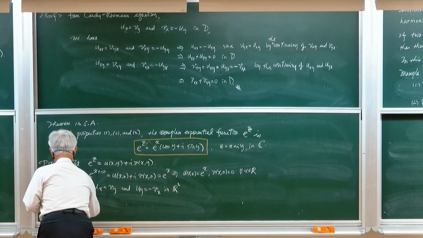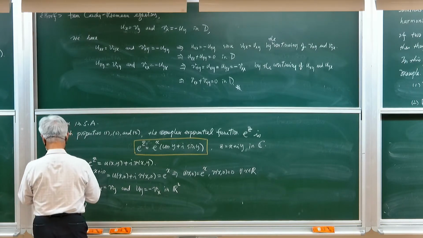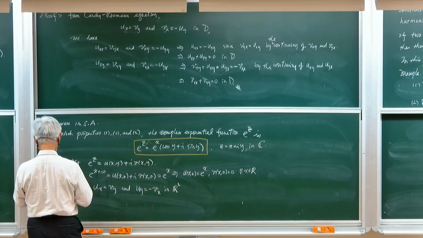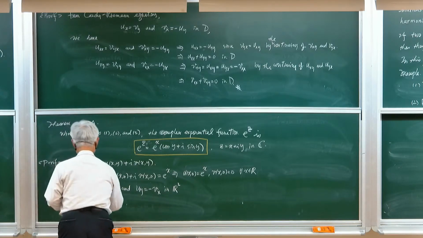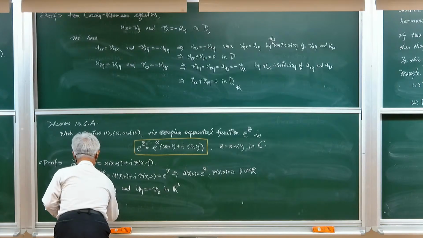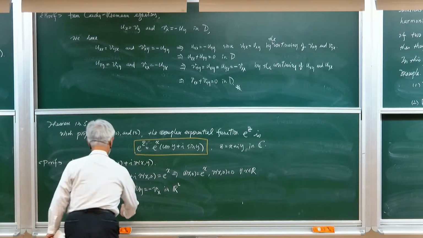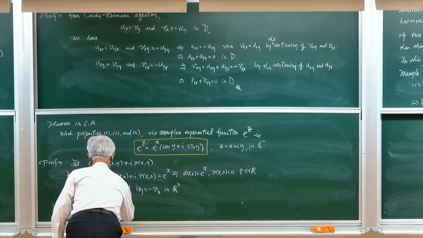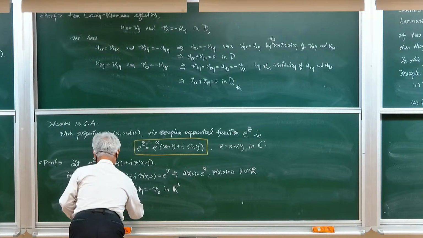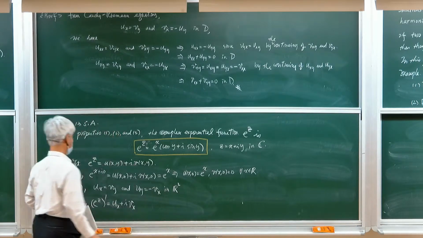Okay, and by 3, we know that e^z prime is equal to Ux plus iVx.